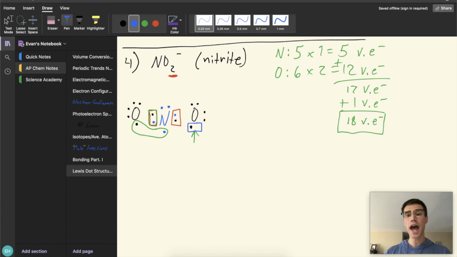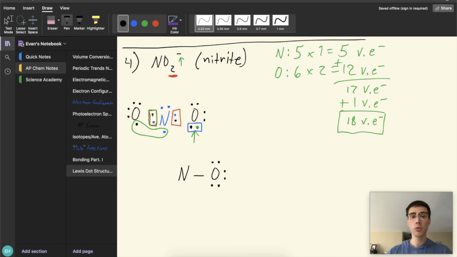But we have not added our 18th electron yet. So I'm just going to add in an electron here to represent where this negative charge is coming from, okay? Because we have an extra electron. Now, if I wanted to draw this a little prettier, we have one bond here between the oxygen and the nitrogen on the right, but we have 3 sets of lone pairs, okay? 2 of them already came from the oxygen, and 1 of them is counting for the negative charge electron that we have.